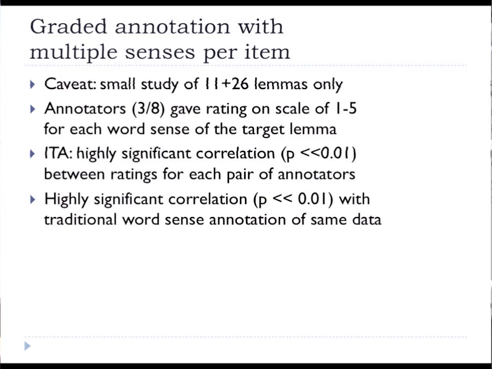What we found was that the annotators agreed quite well. Although here, if you have these graded ratings, you don't count just percentage of absolute agreement. You can't do that. You do a correlation, and we had a highly significant correlation between any pair of annotators here. And we also had a highly significant correlation with traditional word sense annotation of the same data.